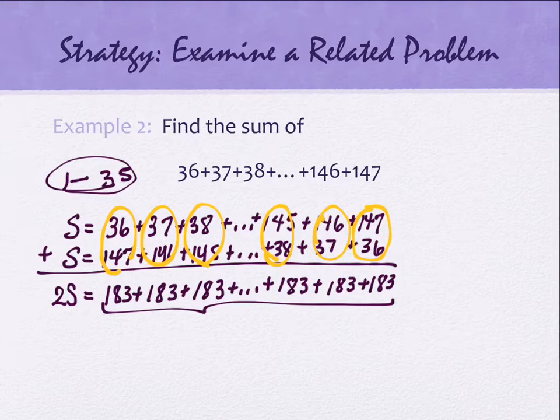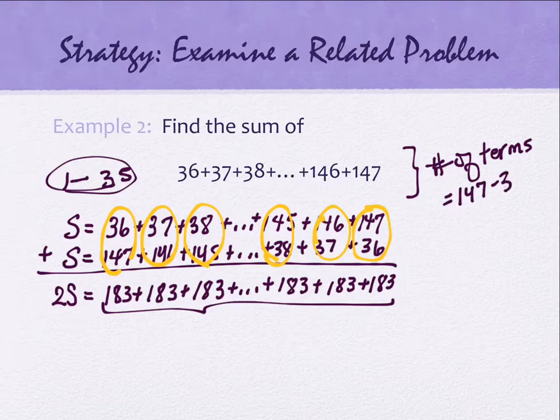There would be 147 if they were there, but these numbers are missing. And how many numbers are there from 1 to 35? Well, there's 35 numbers. So the number of terms here is 147 minus 35. So what is 147 minus 35? 112. So there are 112 terms.